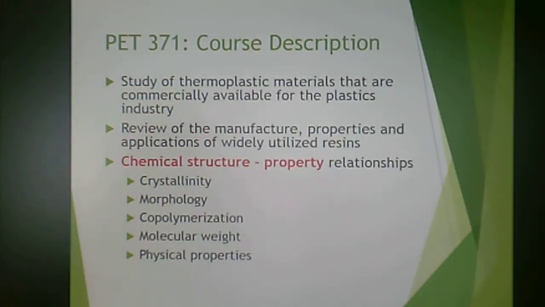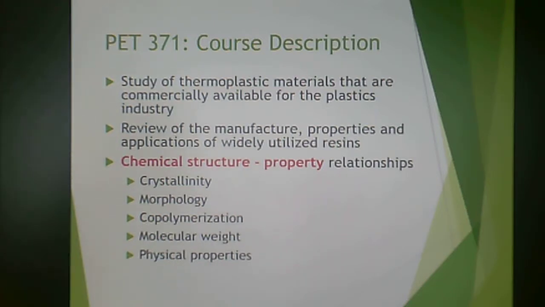So, for this course, we are studying thermoplastic materials that are commercially available for the plastics industry. And we are reviewing manufacture, properties, and applications of these widely utilized resins. There are many other resins that are scientifically interesting. I am just focusing on the ones that are widely commercially used.